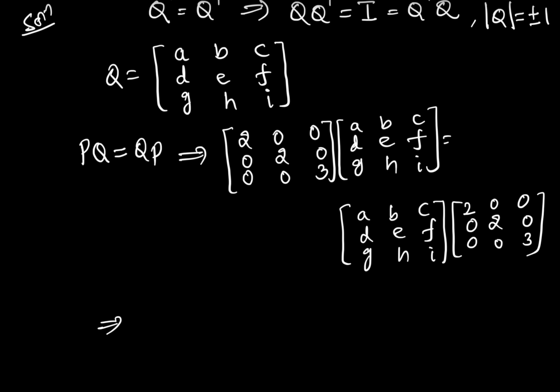Now after multiplying, the left hand side, what we will get is: first row 2A, 2B, 2C.